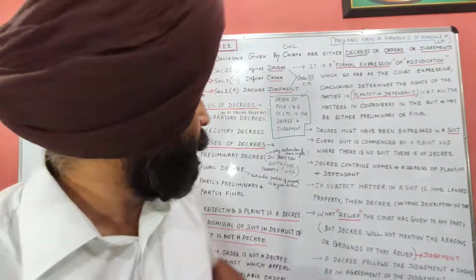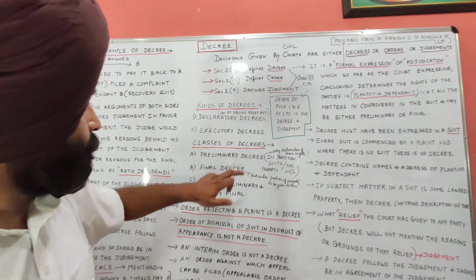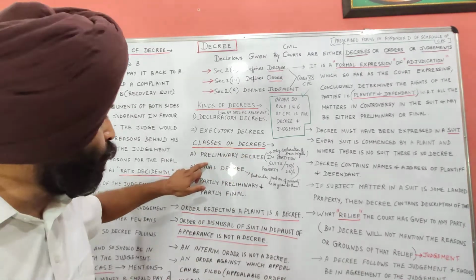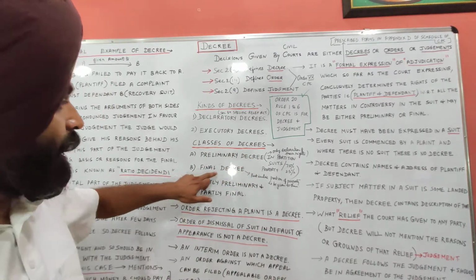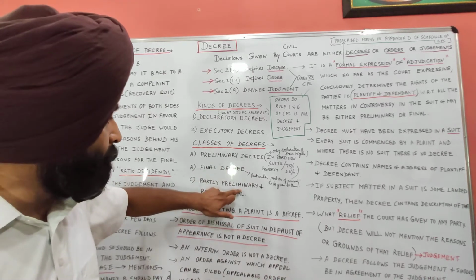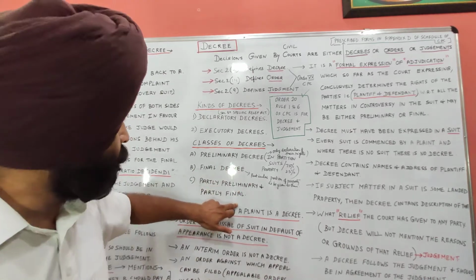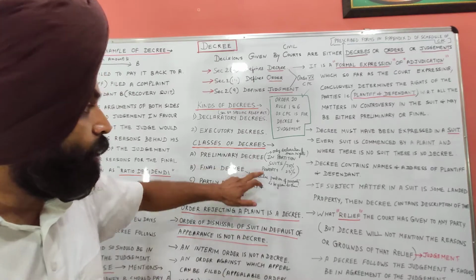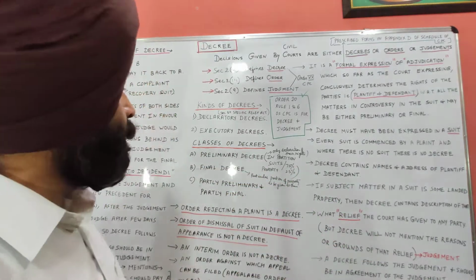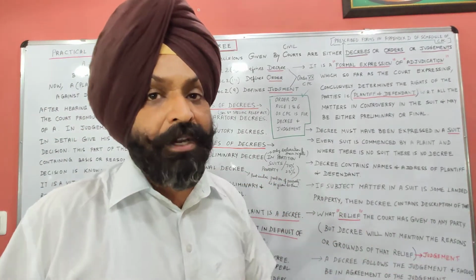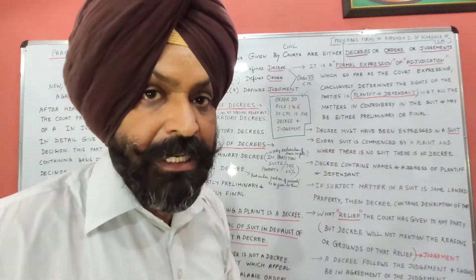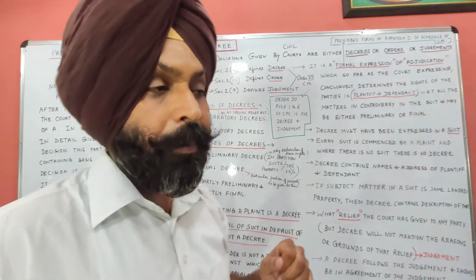Then the other is classes of decrees. Decrees may be divided into preliminary decree, final decree, and partly preliminary and partly final decree. What is a preliminary decree? For example, in partition suits, there are four brothers who have a common landed property.